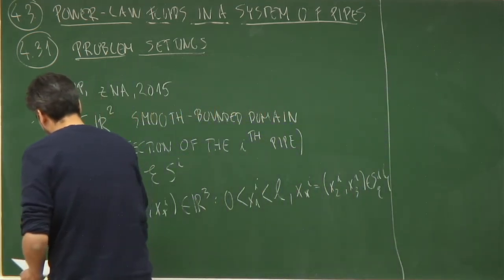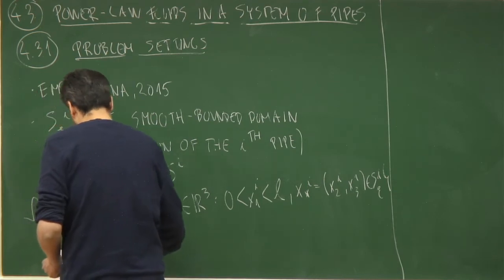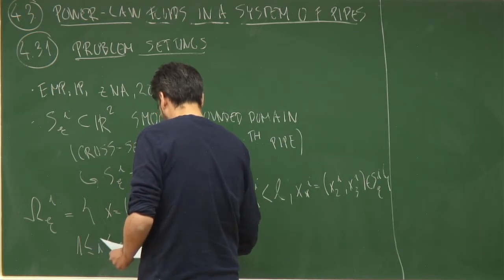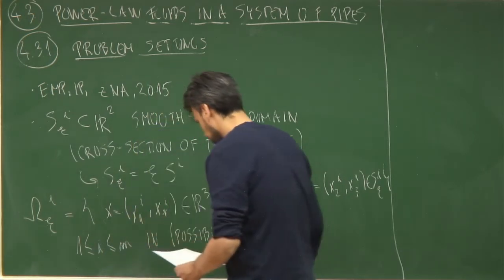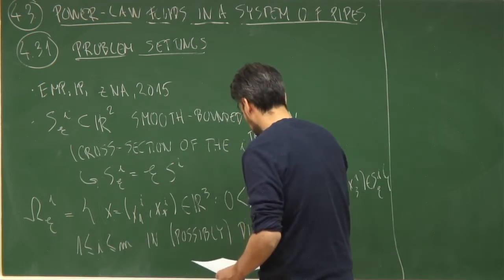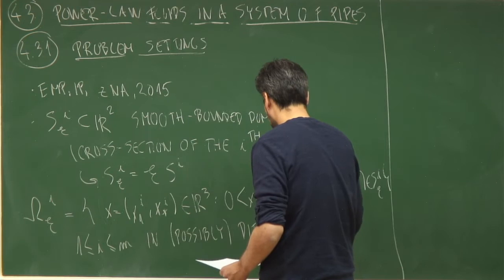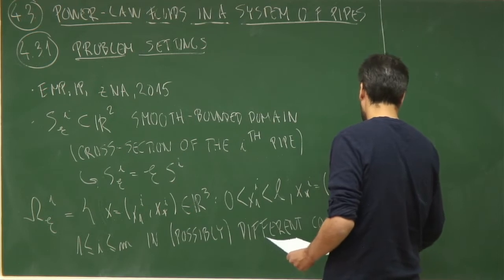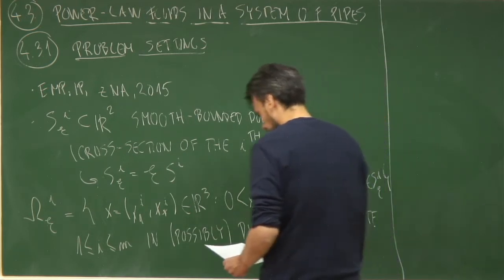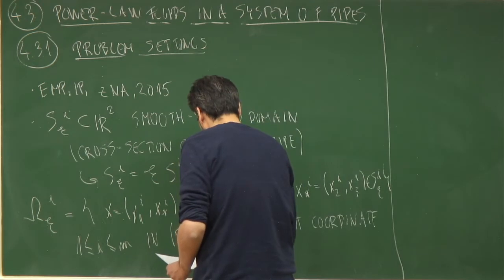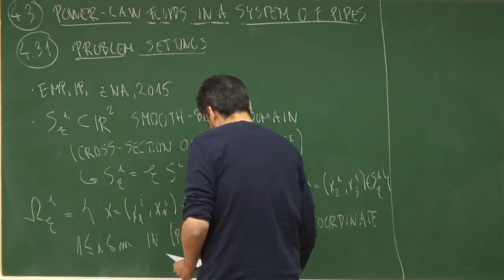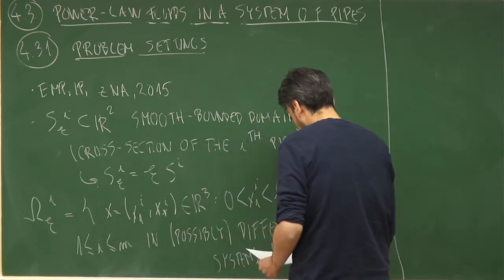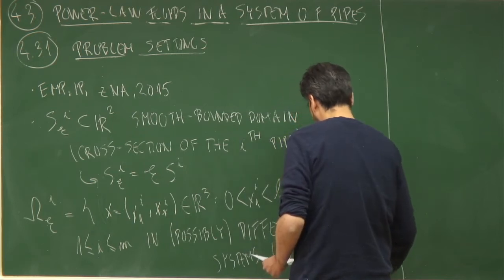Okay, where of course i is from 1 to some m, and this is posed in possibly different coordinate systems. Usually they are the same, but it's not necessary. So different coordinate systems, e_j^i, so this is 1, 2, 3.